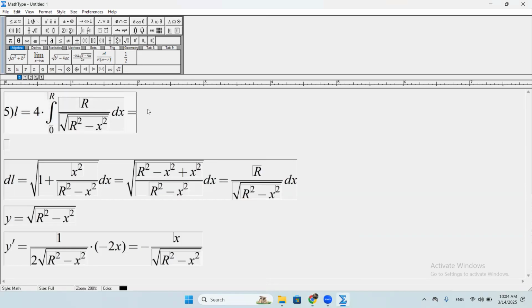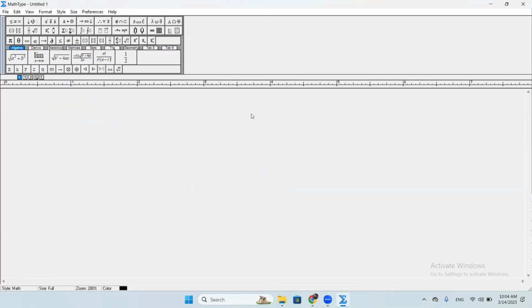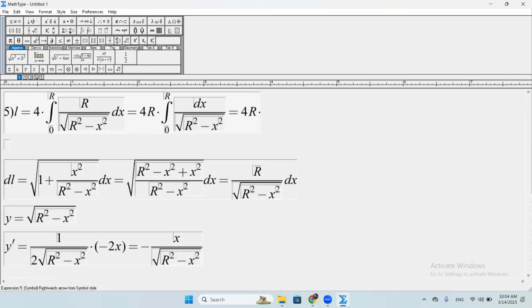First of all, let me move out any number coefficients. What we can see here is a table integral. The integral will be 4r multiplied by arc sine of x over r, with the substitutions from 0 to r.